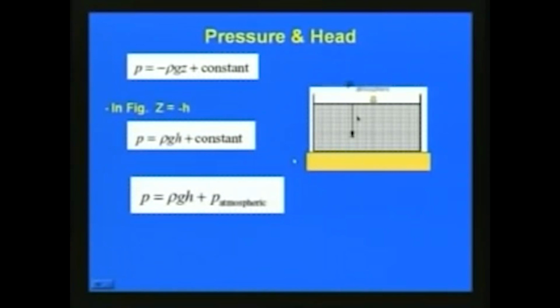Generally atmospheric pressure can be considered 0, so that P is equal to rho g h. But if we consider the atmospheric pressure, then the total pressure intensity is equal to rho g h plus P atmosphere. This gives a relationship between the pressure and the head, as shown in this slide.